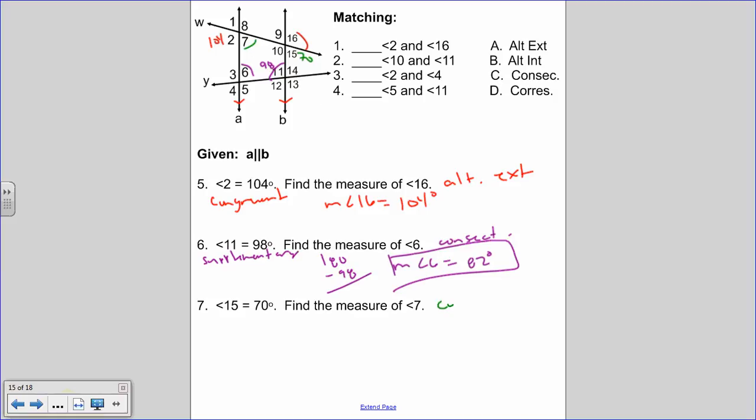So these are corresponding. And we know that when lines are parallel, corresponding angles are congruent. So that means the measure of angle 7 will also be 70 degrees.